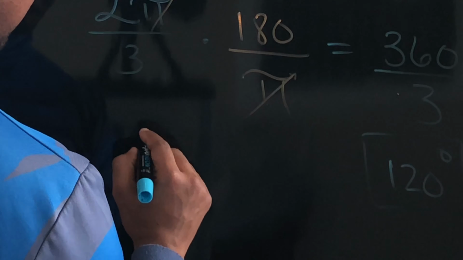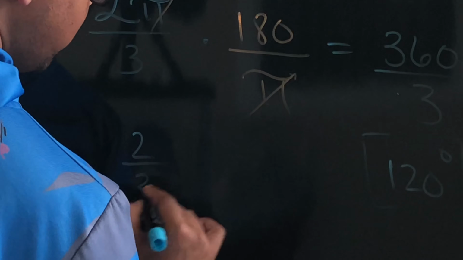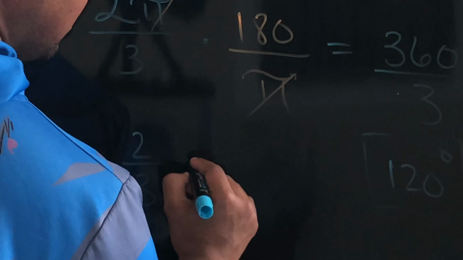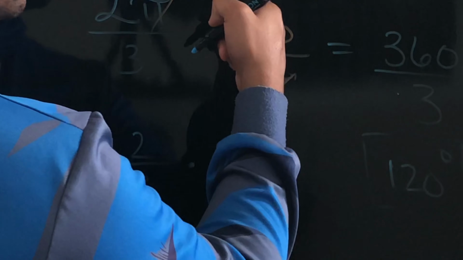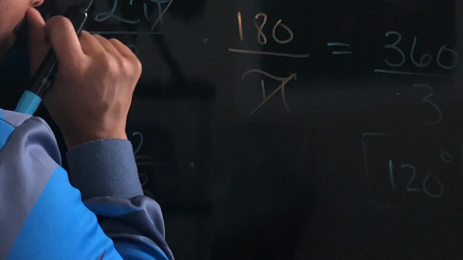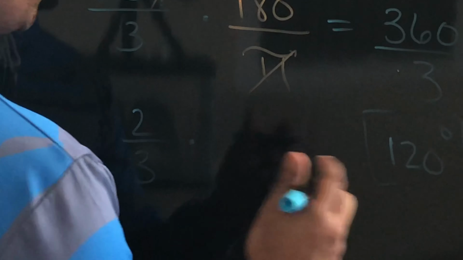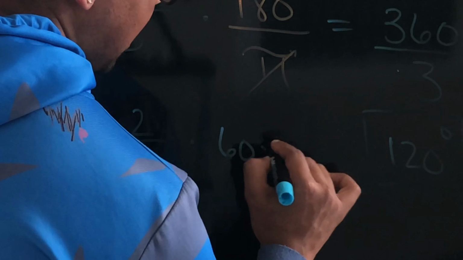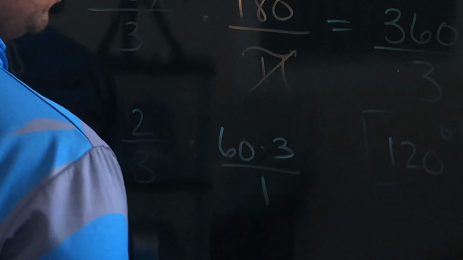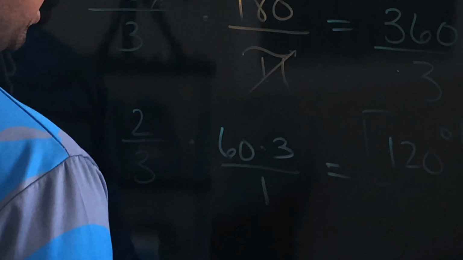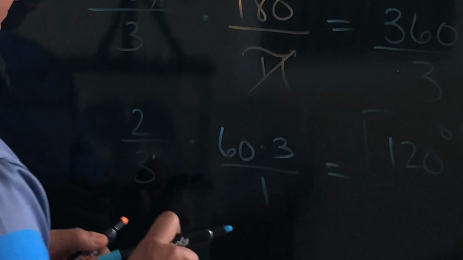You can break this down and keep it as 2 divided by 3 times, now you can split this up, and you take 60 times 3. So 60 times 3 gives you 180. So what you're going to get is 60 times 3 over 1, and it'll equal the same thing because the 3's cancel.